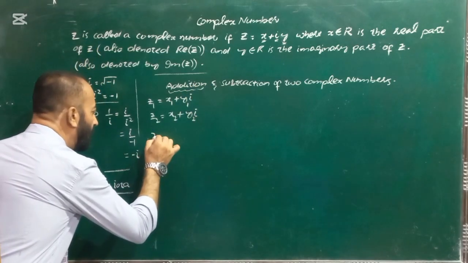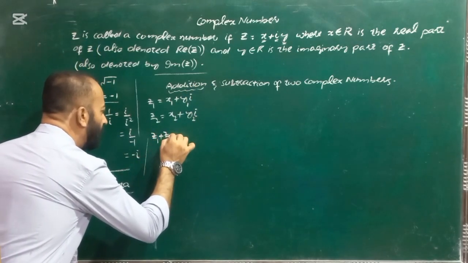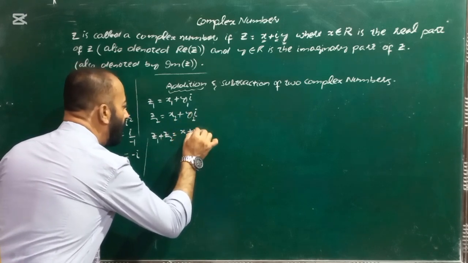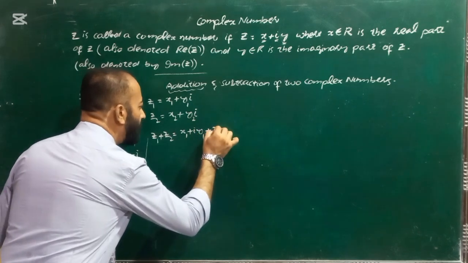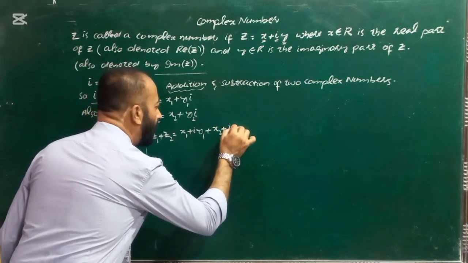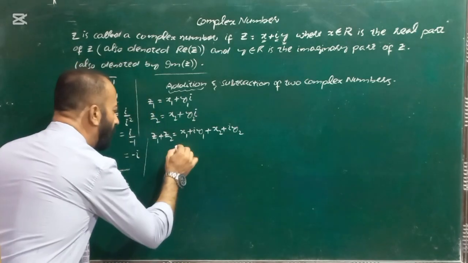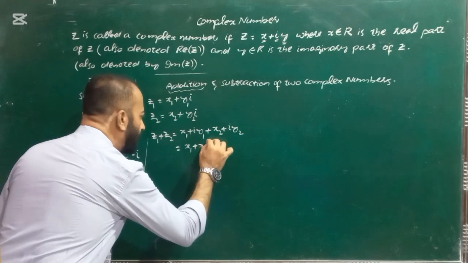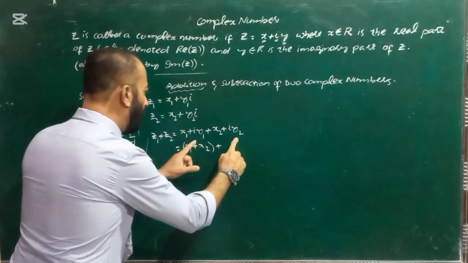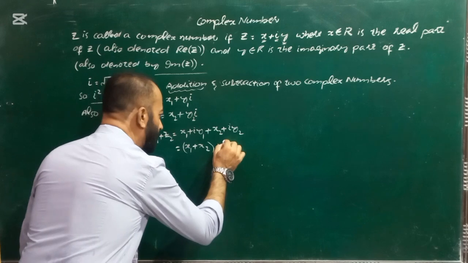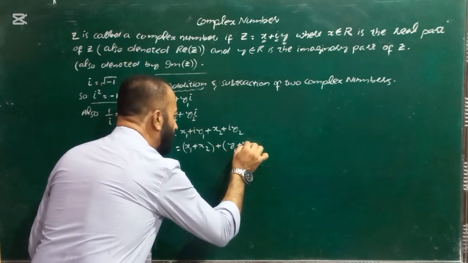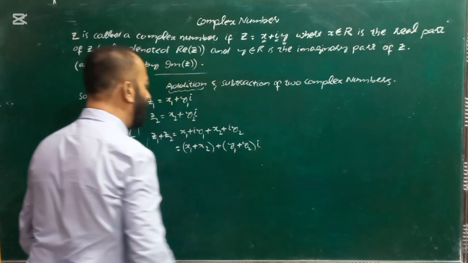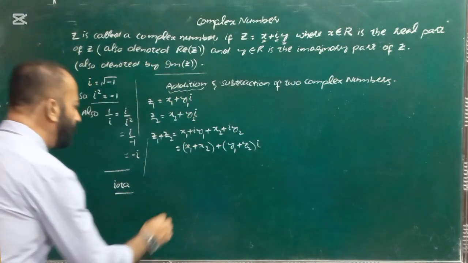So z1 plus z2: the right side will also be added, x1 plus iota y1 plus x2 plus iota y2. Real parts will be added like this: x1 plus x2, plus the imaginary parts will be added, y1 plus y2, and iota will be taken as common. So this will be the method for addition.